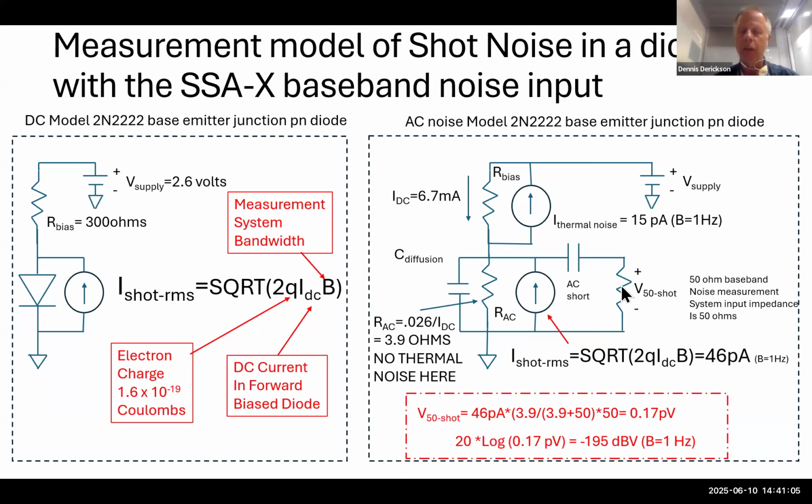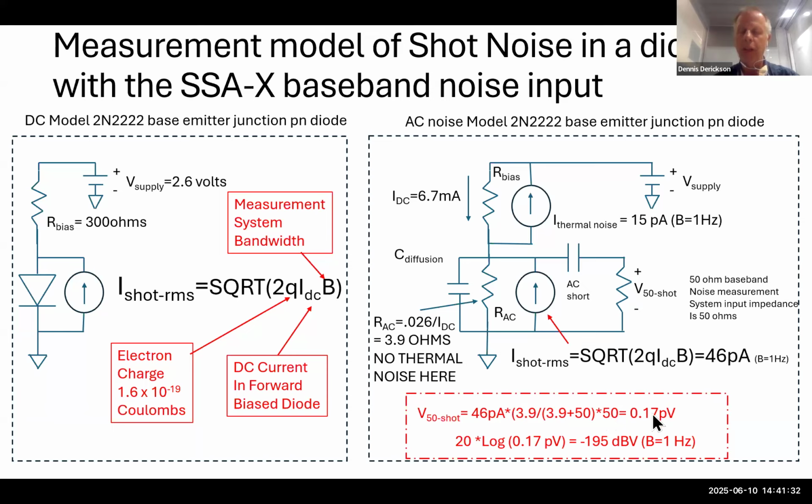So if I want to find the voltage across that one right here, I'm going to take this 46 picoamp of current. I'm going to use something in circuit theory called the current divider. If I take that resistance over the sum of these two resistances, that will show you the fraction of current that is going out in this direction. So 46 picoamps times this current divider, which is going to be a relatively small number, will be the current flowing into the 50 ohm resistor.